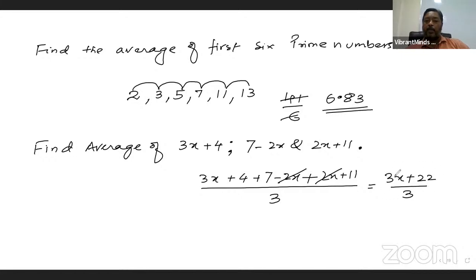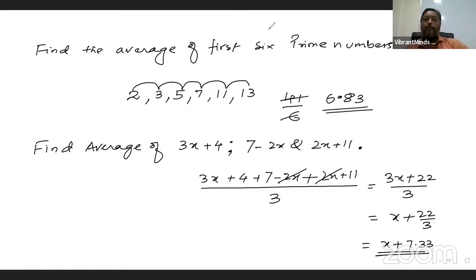This is my answer. Or it can be written as x plus 22 by 3, or this can be written as x plus 7.33. Is it clear? Is it okay, guys?